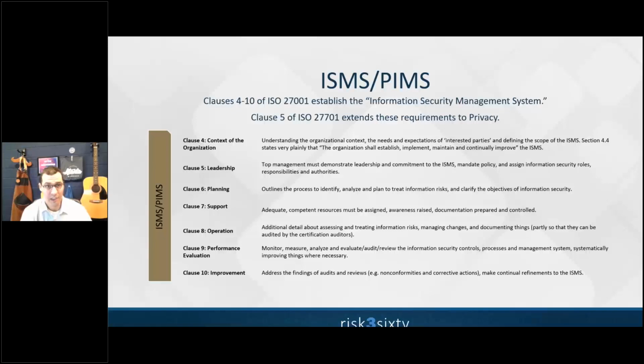Clause 8, operations, gets into a little more detail around the risk assessment and how changes are made based on the risk assessment. And clauses 9 and 10 are about measurement activities for the program, communication to management, and ultimately corrective action and continual improvement of the security and privacy programs.